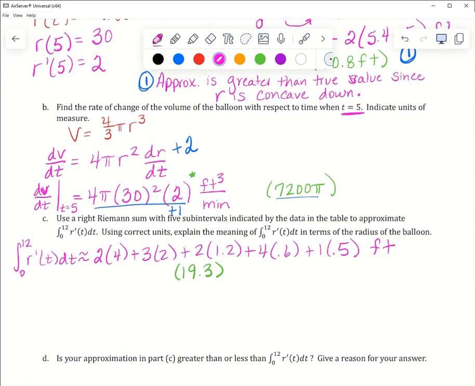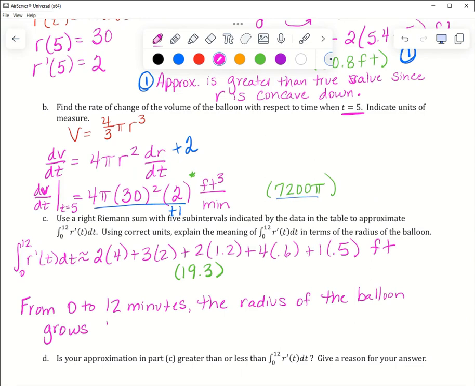I would say it this way: from 0 to 12 minutes, the radius of the balloon grows by 19.3 feet. Done. A normal human can understand that. Now, if you say, well, if I didn't get that number, what should I do? That's fine.